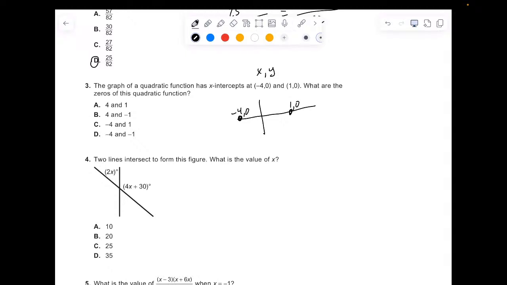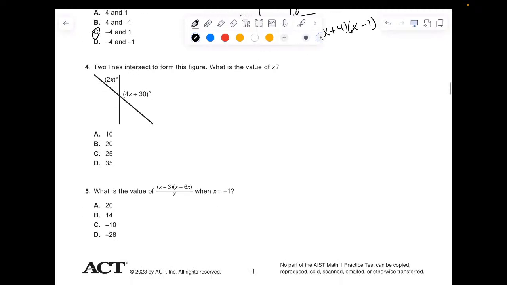Okay, is it not just -4 and 1? Oh, whoops. The function would probably look something like x plus 4, x minus 1. So zeros is just where it hits 0, right? I'm not going to overthink it.